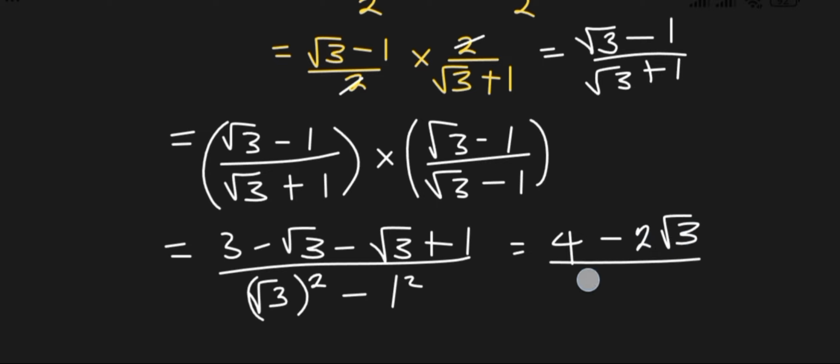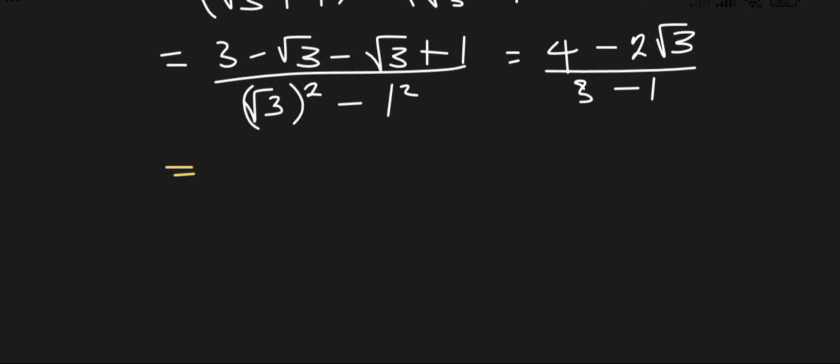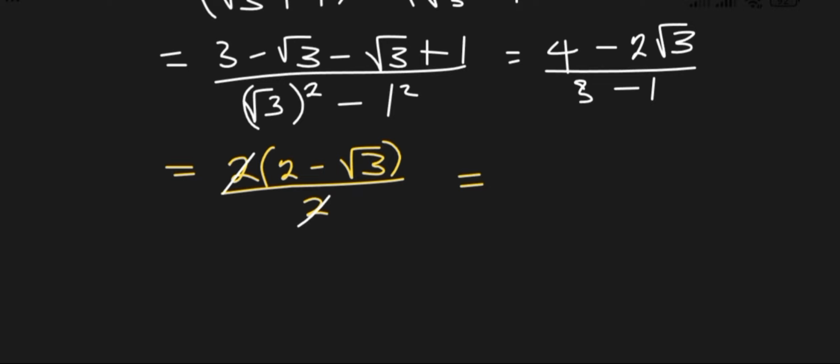In the denominator, 3 minus 1. Factoring 2 from the numerator, we'll be having 2 times 2 minus root 3 over 2. 2 cancelling out and leaving us with 2 minus root 3 as the answer.